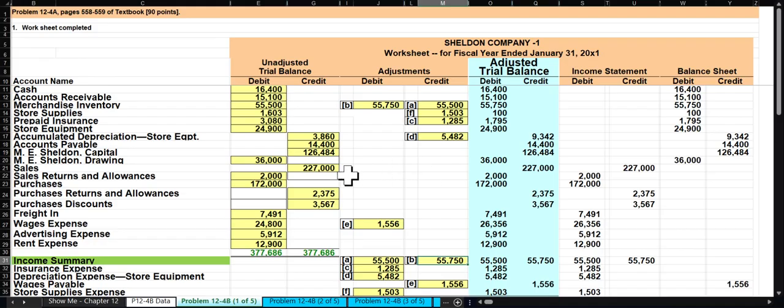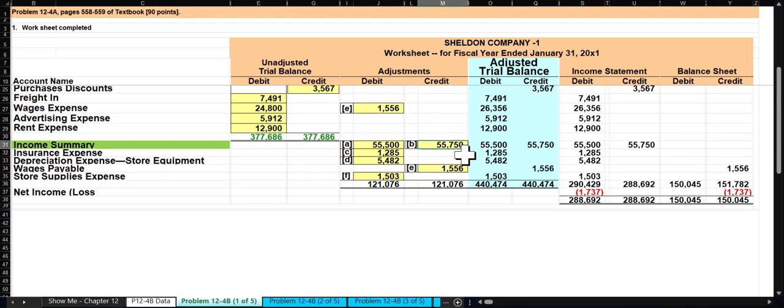Please note that while it's not the approach for this particular problem, in reality, we could have simply recorded the difference between these two amounts. So instead of debiting 55,750 and crediting 55,500, I could simply have made a debit here for 250 and a credit here for 250.